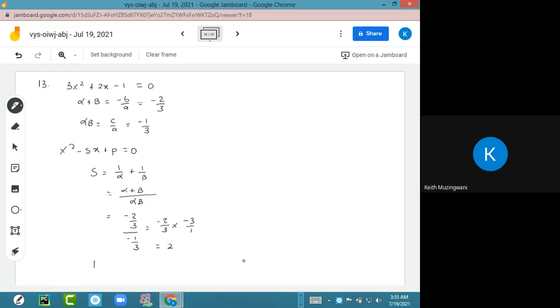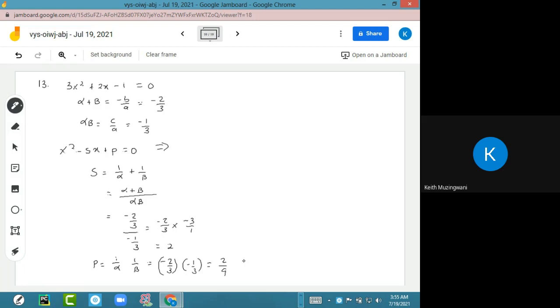And then the product, 1 over alpha by 1 over beta, giving us negative 2 over 3 by negative 1 over 3, which is positive 2 over 9.